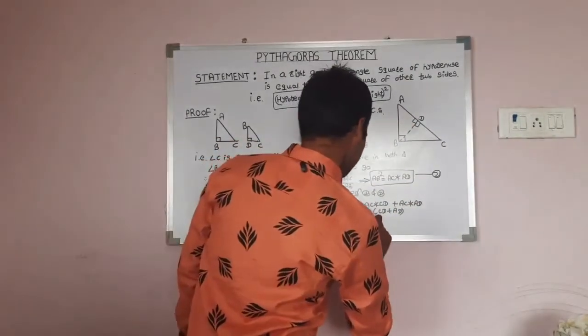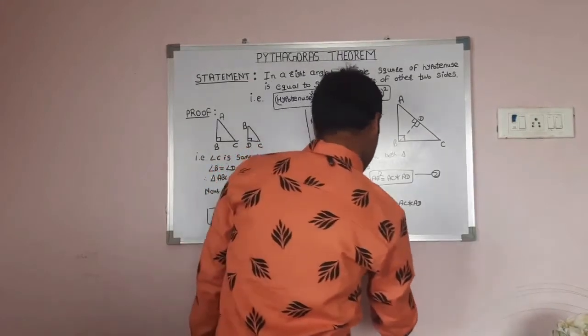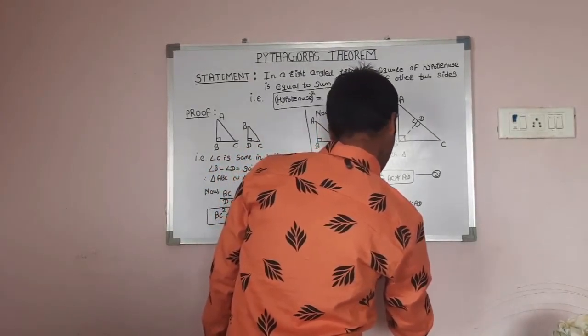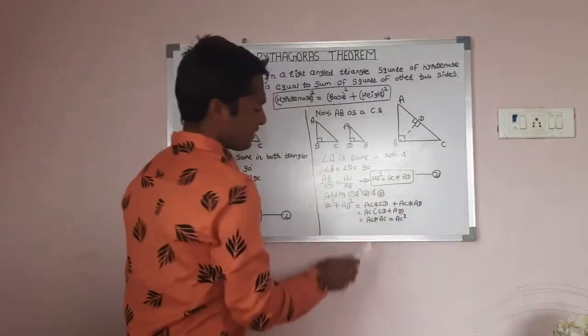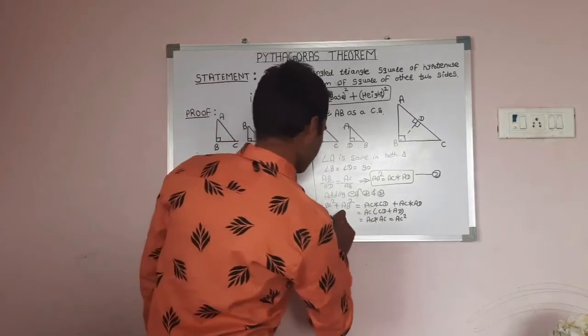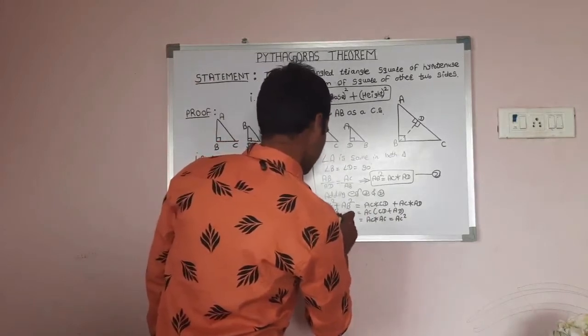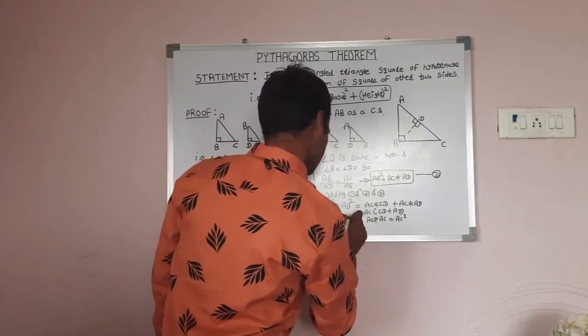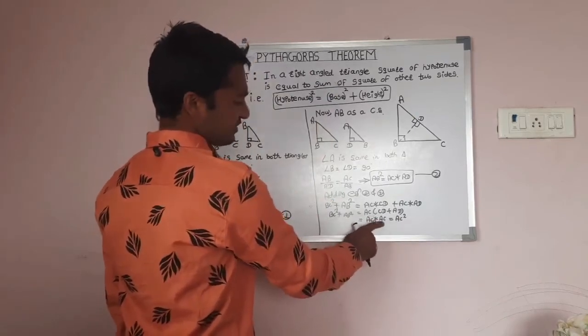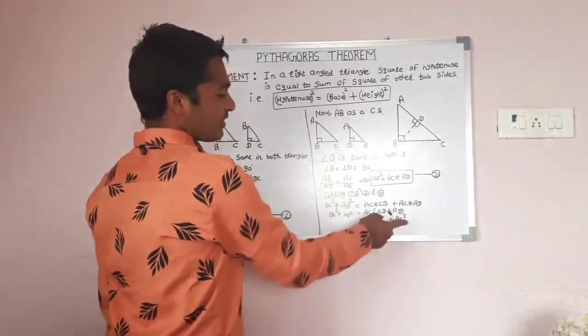Therefore we can write it as AC into AC, which is equals to AC square. And what is our LHS? BC square plus AB square. BC square plus AB square is equals to AC into AC, which is equal to AC square.